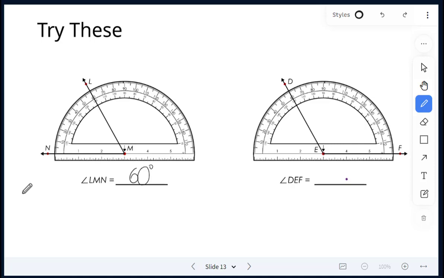Here we have angle DEF, it's either going to be 60 degrees or 120 degrees. What do you guys think that one is? All right, so angle DEF here is 120 degrees.